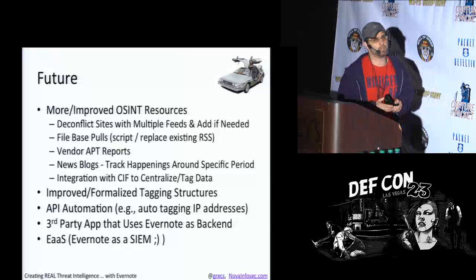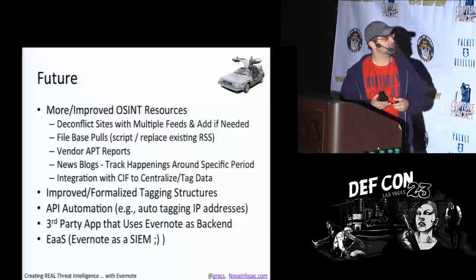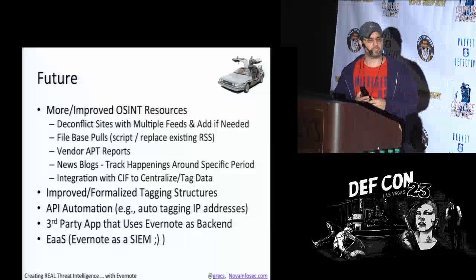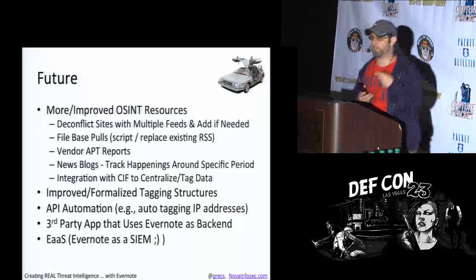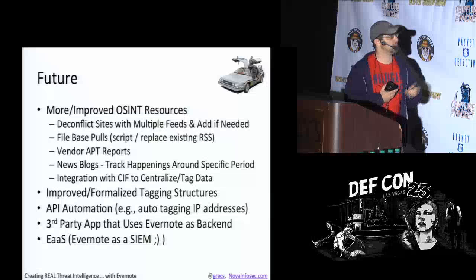So for the future, there are more feeds that I want to add into it. Some sites have slightly different feeds, so there's some deconfliction that I have to do. I want to put in more file-based pulls, where I would pull down some of those text files that I was talking about.